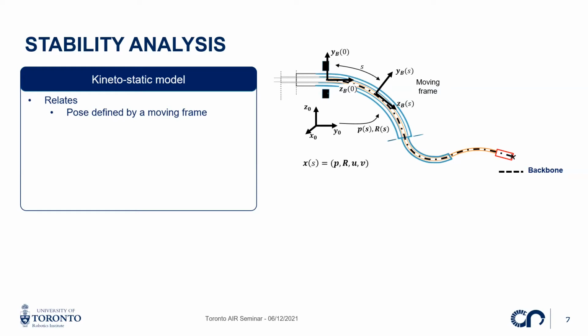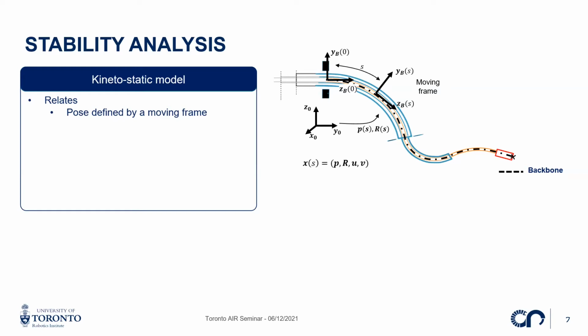Basically, we define a moving frame along this curve, located at a specific arc length, S. The pose of this frame with respect to a base frame, and also the local curvature of the robot, define the pose and shape of the robot, and that's what we are going to control and look at in the following.